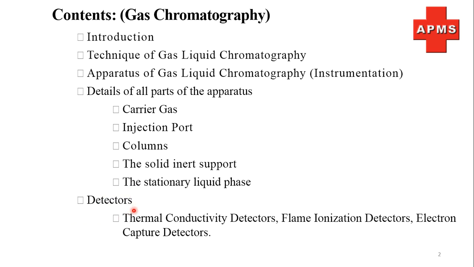In your syllabus, these detectors are included: thermal conductivity detectors, flame ionization detectors, electron capture detectors. There are so many detectors present to analyze, but only a few detectors are included in your syllabus.